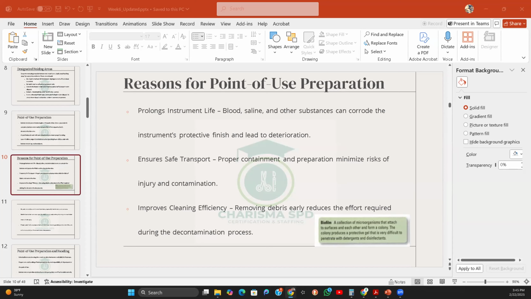If the blood is allowed to dry, you have to aggressively brush the instrument, and with so much pressure the fine finish will get chipped, rust will set in, the instrument will begin to rust, and you end up buying more instruments to service the OR.